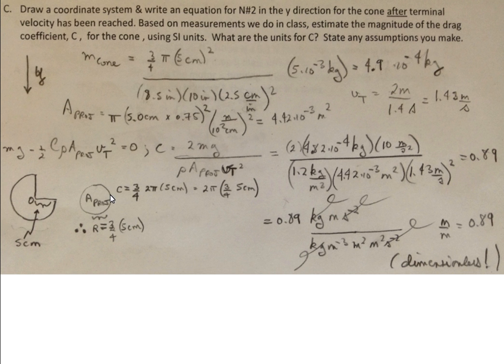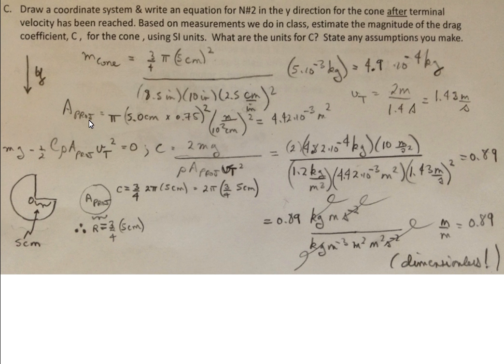And the reason you know that is because you know the circumference of this circle enclosing the projected area is 3/4 of 2 pi times 5 centimeters, and therefore that could be rewritten as 2 pi times 3/4 times 5 centimeters, which implies that the radius of this projected area is 3/4 times 5 centimeters.